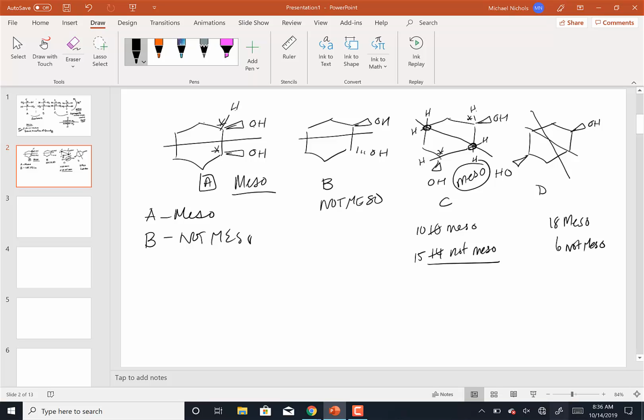Like this? Yeah. That is not a mirror plane, because let me erase the first mirror plane, because that means the OH would have to be here. That's why we thought it was. Because there's no mirror plane. Yeah. There's a mirror plane.